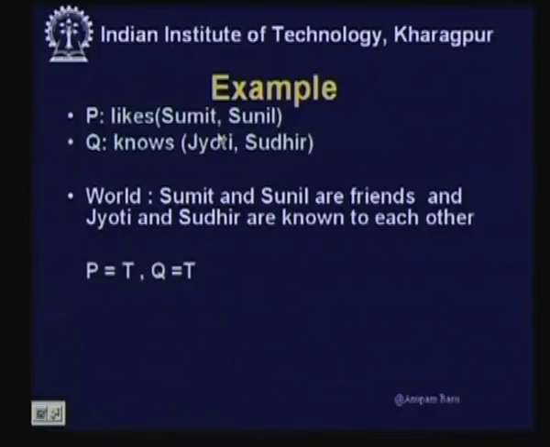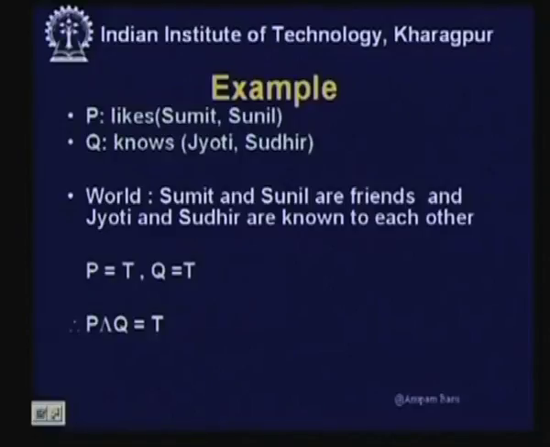So, here we see that P evaluates to true, Q also evaluates to true. Therefore, P and Q is true, because both of them are correct.